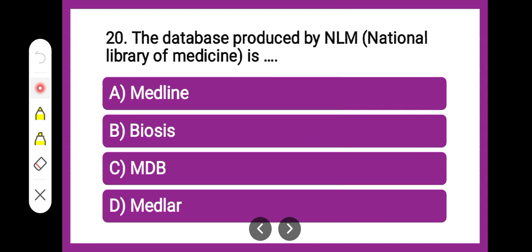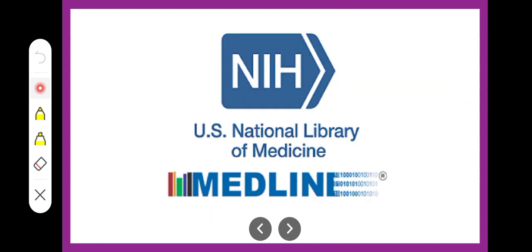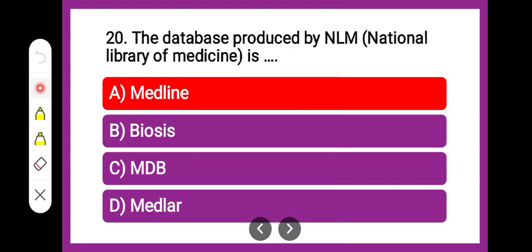Till that we will go for the correct answer. So it is National Library of Medicine, that is Medline. Okay, it is the database which is produced by National Library of Medicine, Medline, which is having around 3000 biomedical journals dating back to 1966.